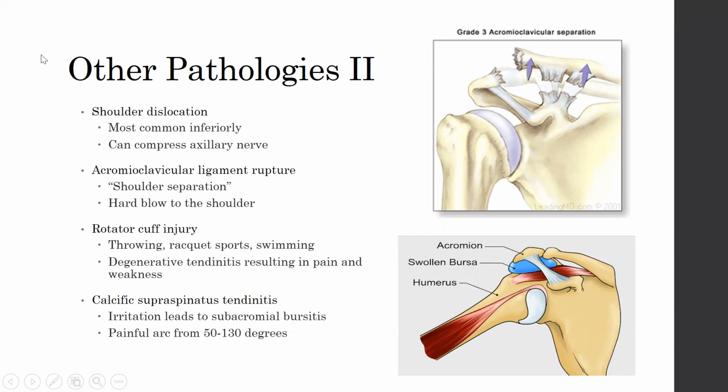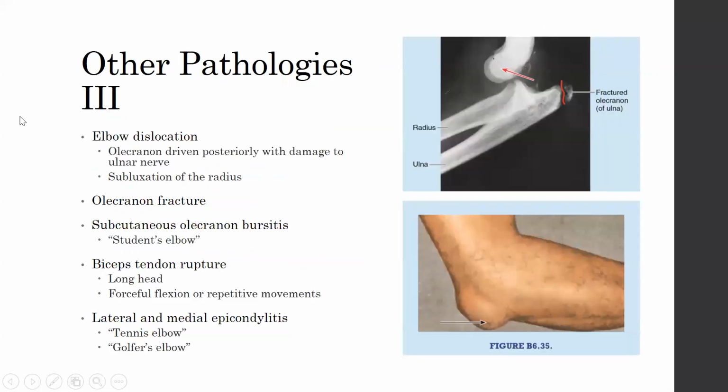Basically, that's calcium deposits, crystals in the tendon of supraspinatus, and because it's very, very close to the subacromial bursa, as you can see in the bottom photo, when you're holding your arm up, you rub those crystals against the bursa and they can get inflamed and irritated. And that causes the painful arc between 50 and 130 degrees. That's one of the tests you do for clinical skills.